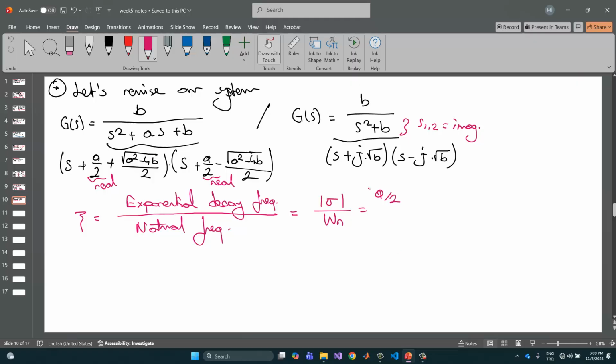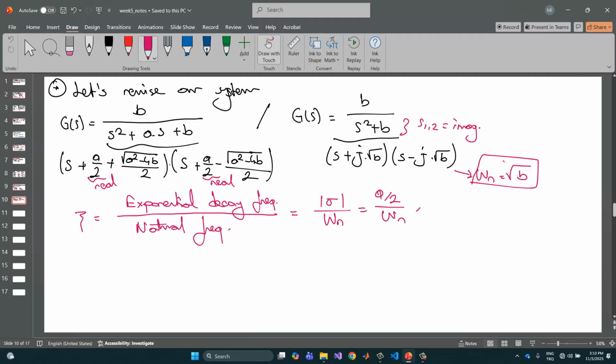Okay? And so Wn is given in here, and just see that in that case Wn is equal to this one, because this is the oscillation frequency for this pole, right? Because the oscillation comes from the what? The imaginary part. And so the root is j times square root of b, and so Wn must be equal to this one. Okay?